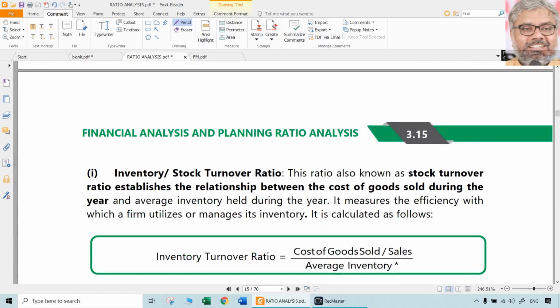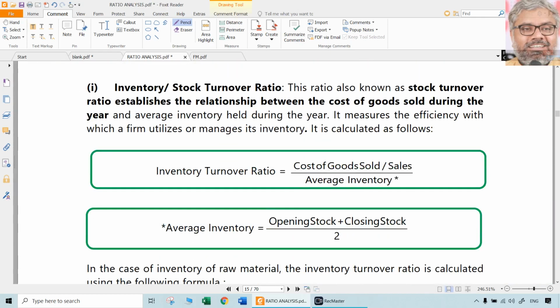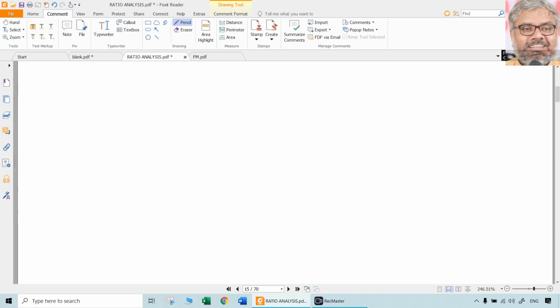Now the working capital turnover ratio can further be classified into 3 more aspects, because usually as part of working capital there will be current assets and current liabilities, both are there. So within current assets, normally we take 2 major current assets.